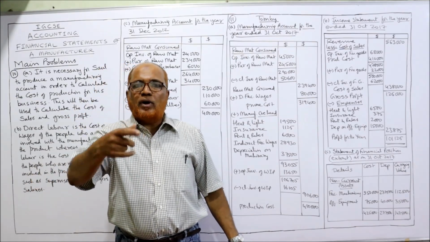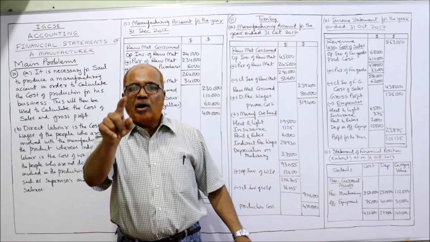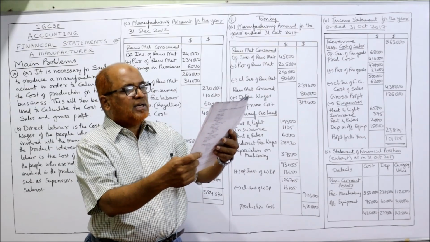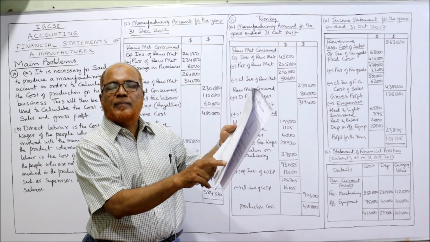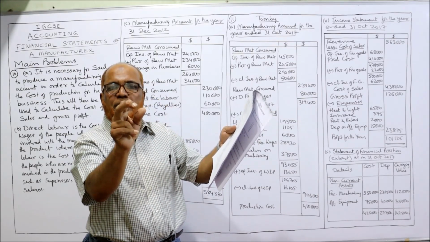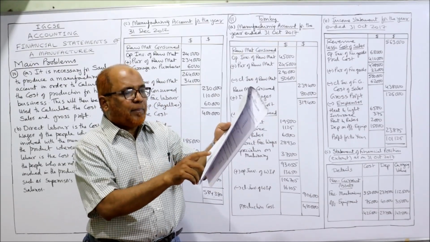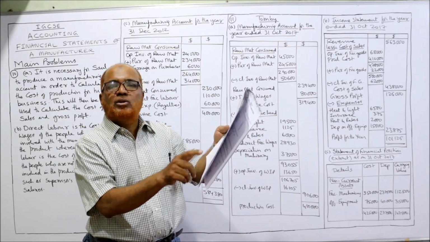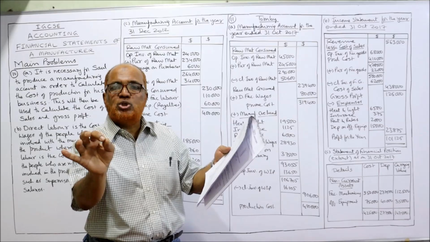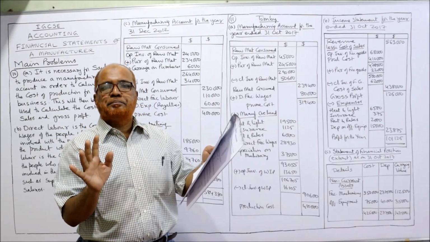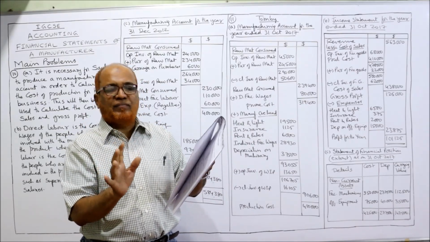When I say some points, immediately write them down. Now you write down insurance. See here, insurance paid is 1750. So 1750 insurance paid minus prepaid insurance 250. So 1750 minus 250, 1500 is the insurance for the current year.